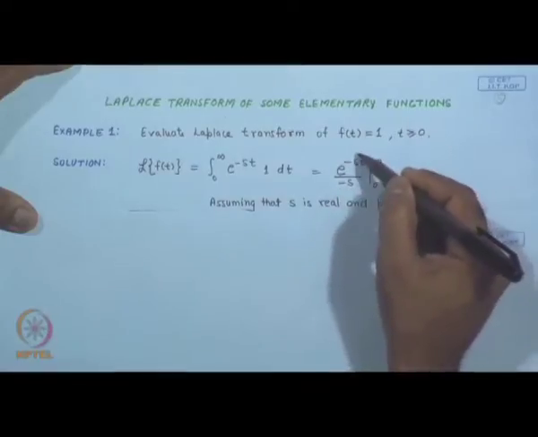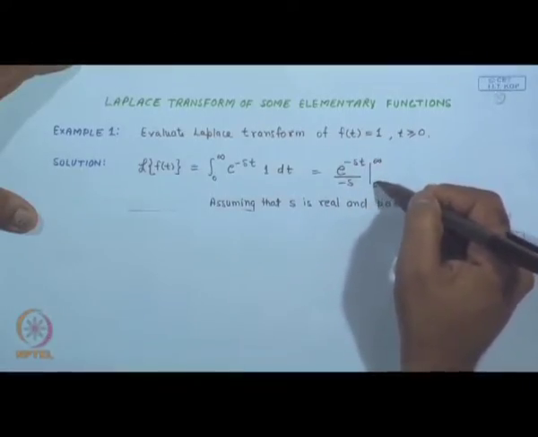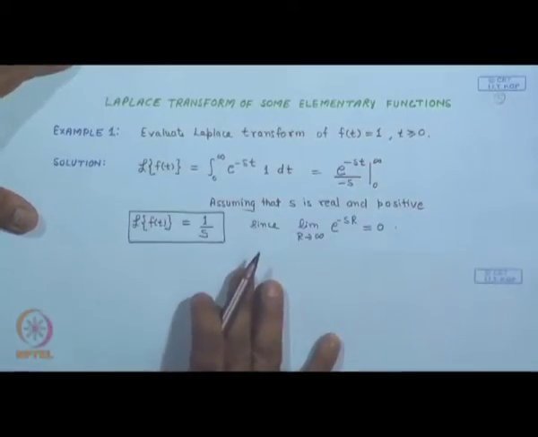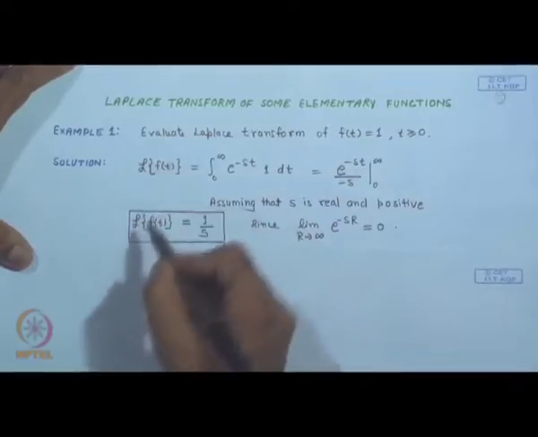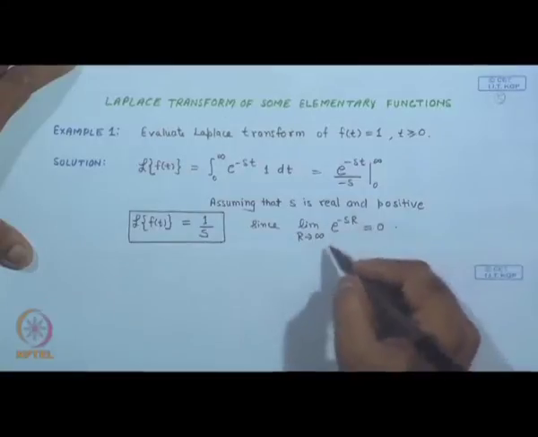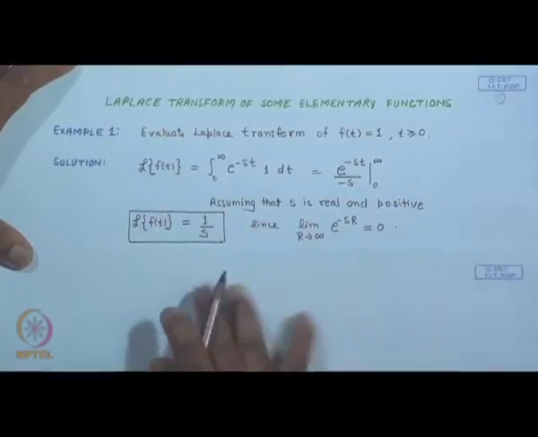This term will vanish, and as t tends to 0, we will get here 1 over s. So, simply the Laplace transform of the function 1 is 1 over s, because the upper limit term here is 0.